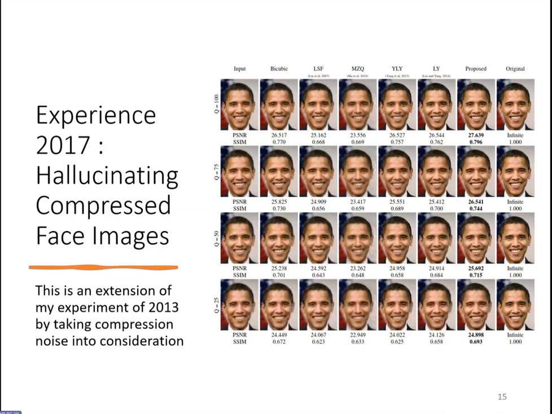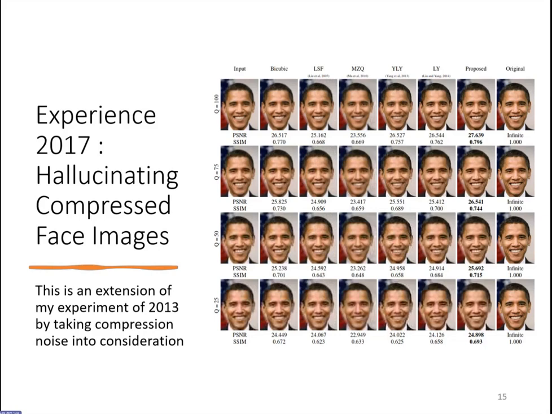And JPEG images are compressed, and the quality will be worsened if you set a very high compression rate. So under different compression rates, how do we reconstruct them? Basically the method is the same, but we discuss one more thing.